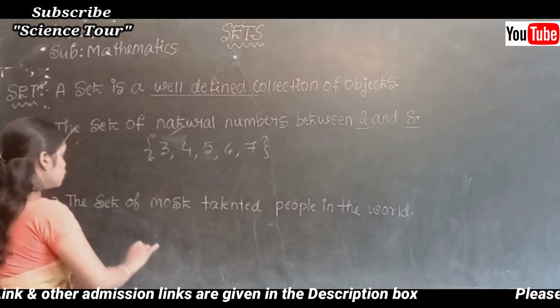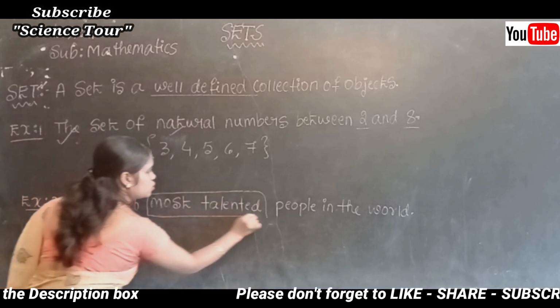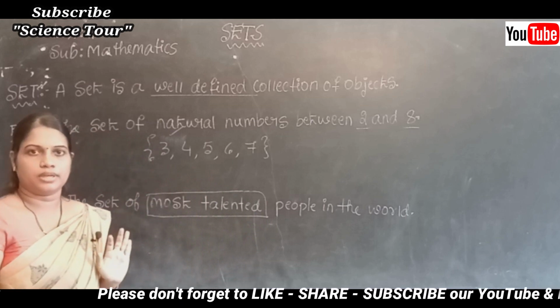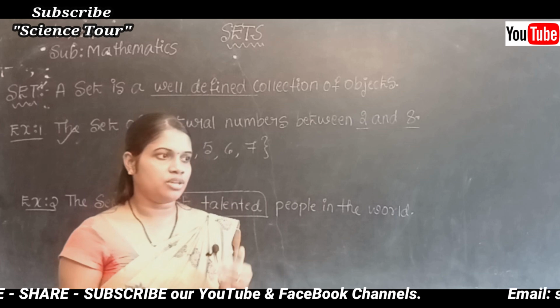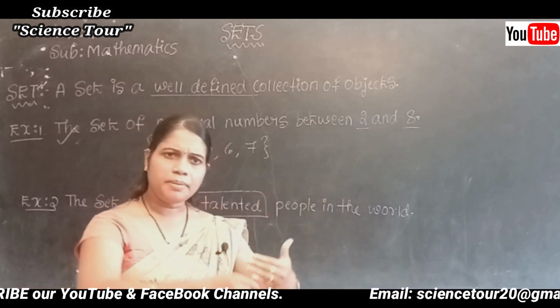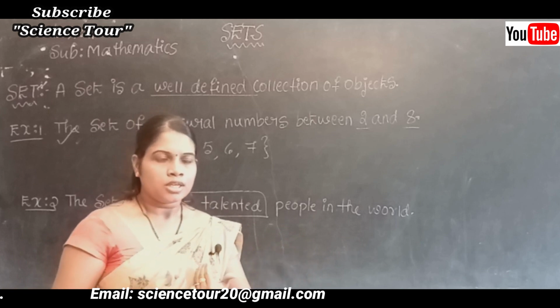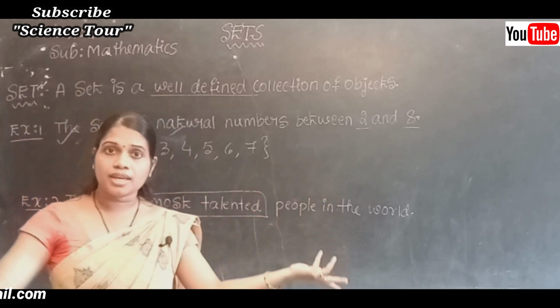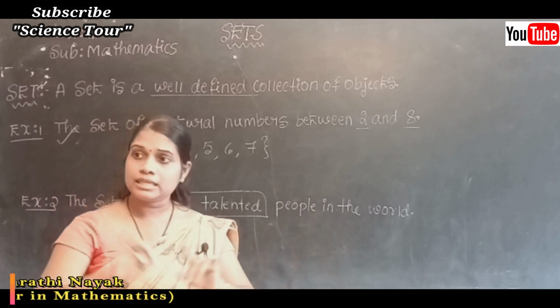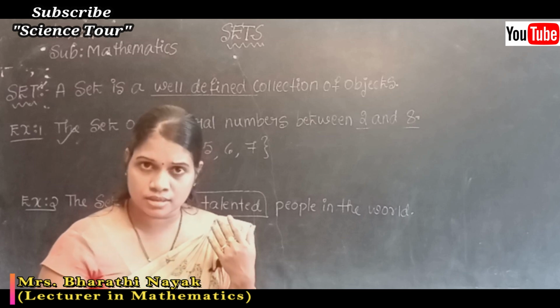If you ask this question to one person, he may give a list of a few most talented people. If you ask the same question to another person, the list may vary. It is not necessary that the list must be the same, right? The list will vary from person to person.